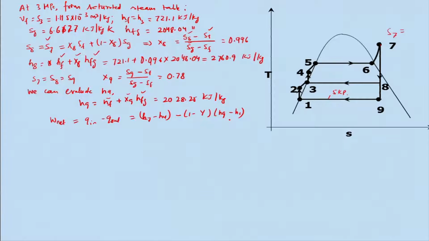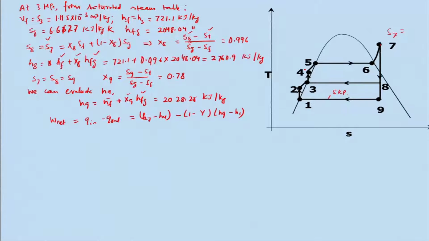I can do it this way, or I can find the work done between states 7 and 8, then the work done between states 8 and 9, and then find the compressor work and subtract it.